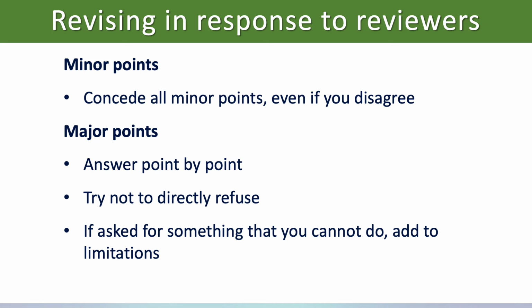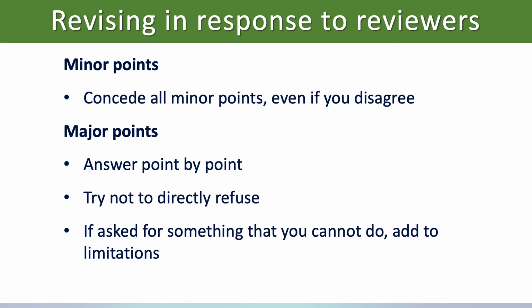Minor points are normally small mistakes in terms of spelling, grammar, or in terms of the labeling on the tables and figures. It is normally a good idea to concede all minor points, even if you don't agree with the reviewers. For major points, answer them point by point.